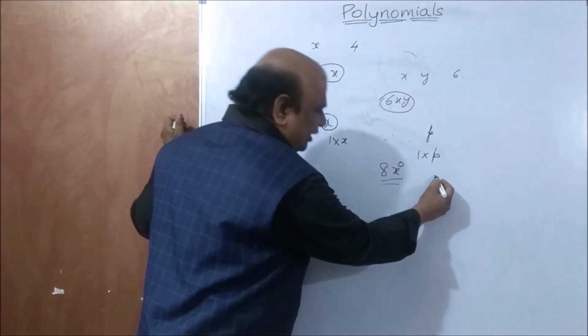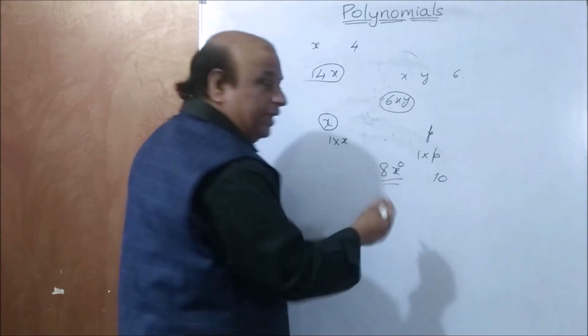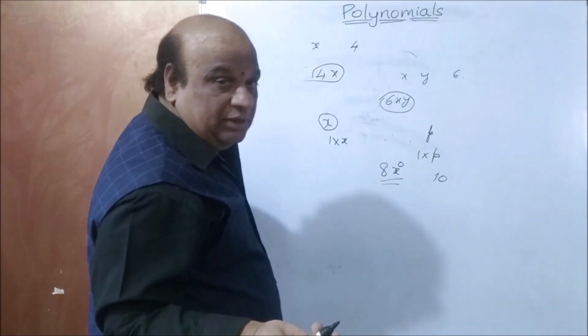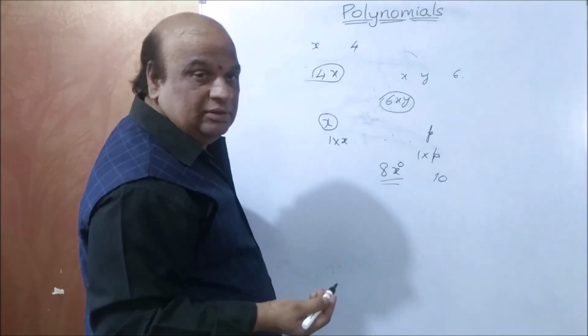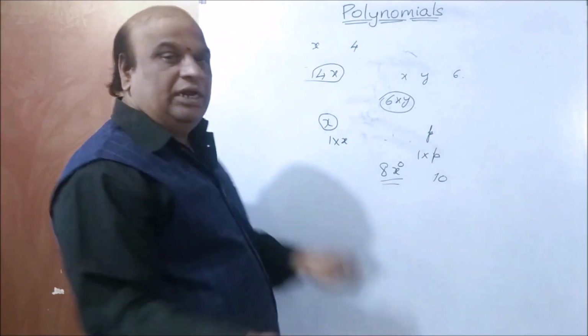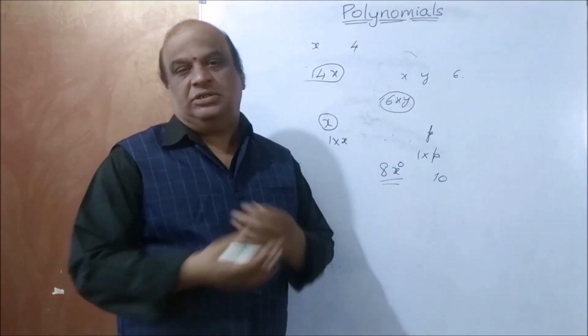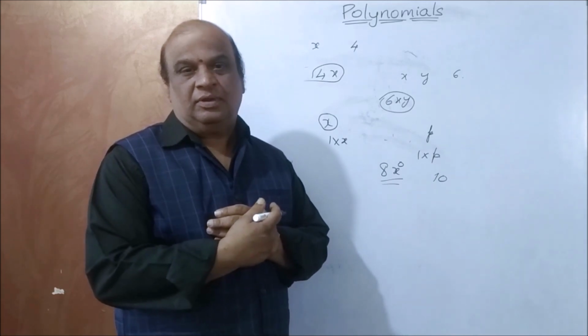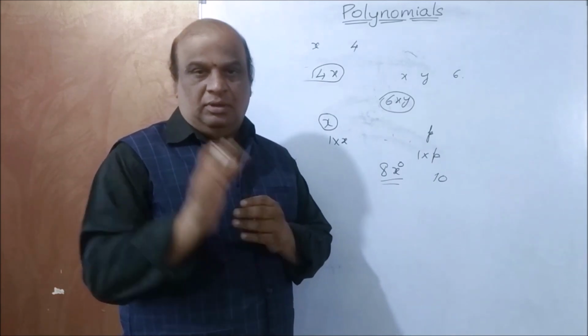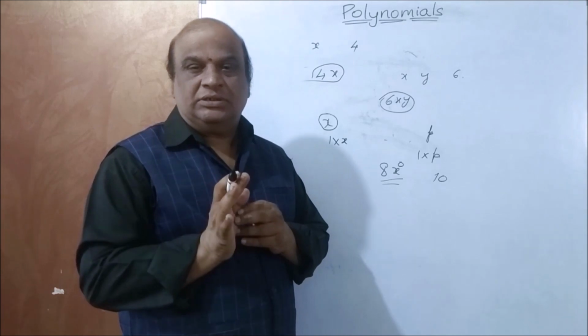9, or suppose you take 10. Is it an algebraic term? Yes. Every constant number is an algebraic term. Every variable is an algebraic term. Is it clear, my dear students?